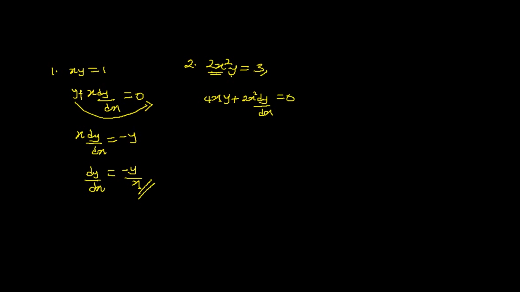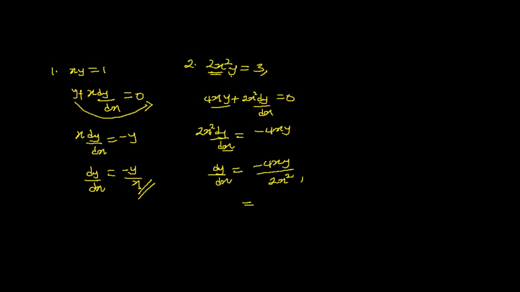So now we collect like terms. We take this to the right hand side. That means we are going to have 2x squared dy/dx equal to minus 4xy. So making dy/dx the subject of the formula, dy/dx is going to be equal to minus 4xy divided by 2x squared.